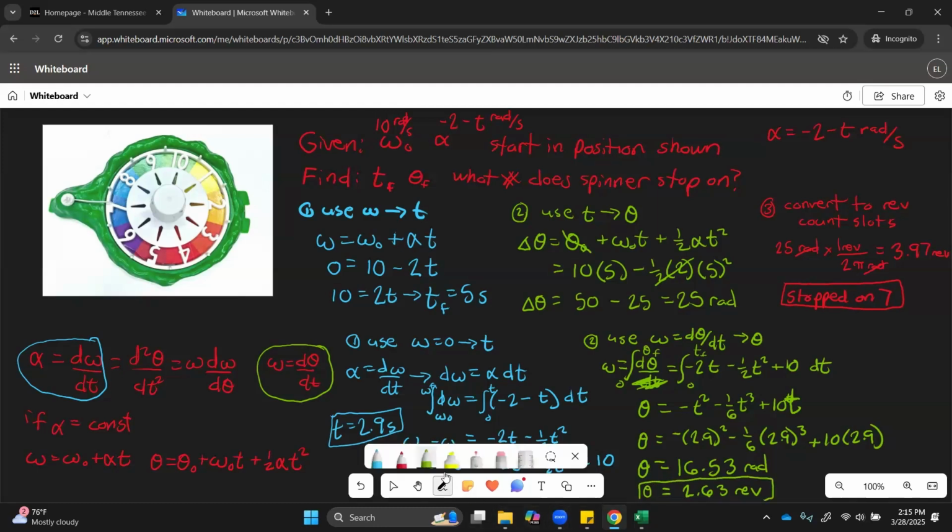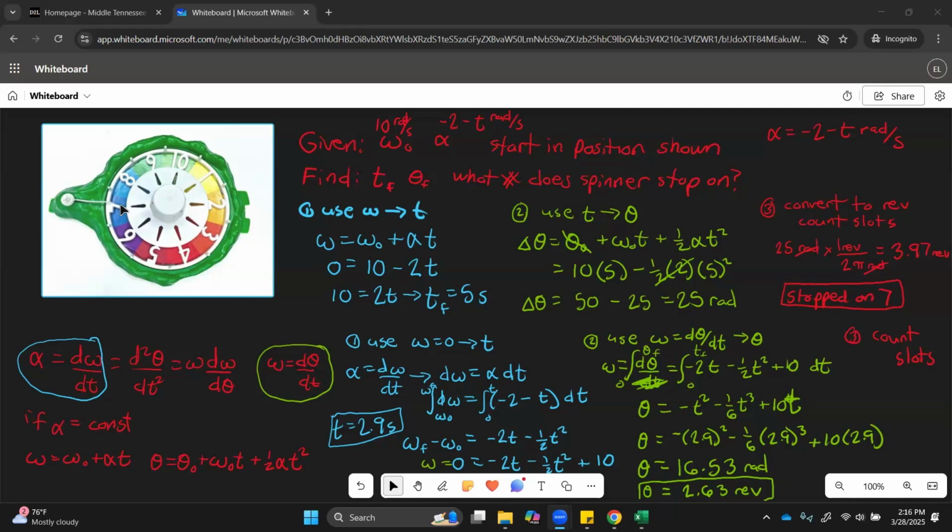So the last thing we have to do is count slots. What does that correspond to the wheel stopping on if it's gone 2.63? If it goes one full revolution, then it lands on the 7. If it goes another full revolution, it lands on the 7, and that's now 2 revolutions.